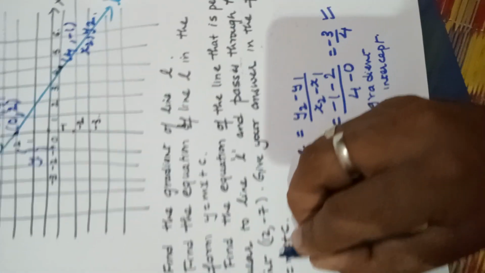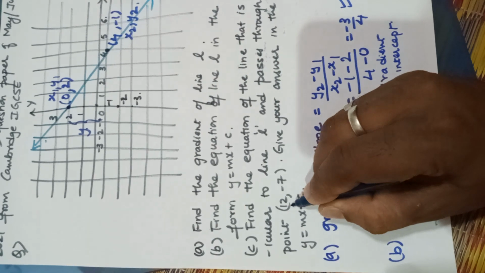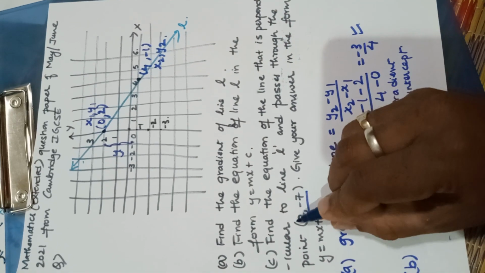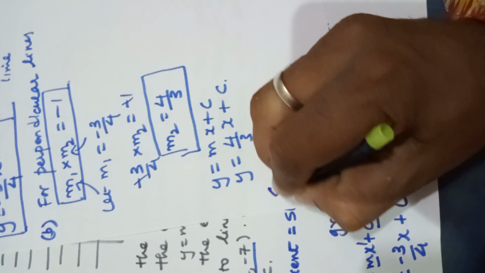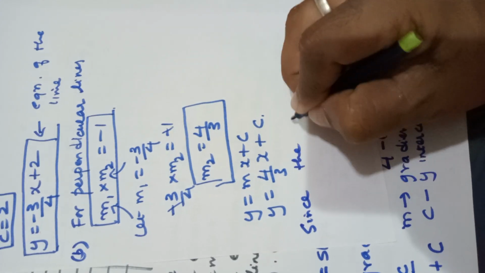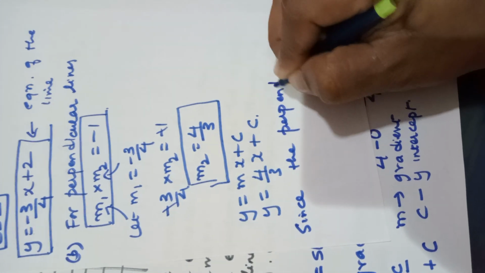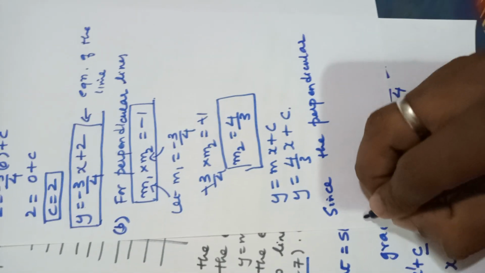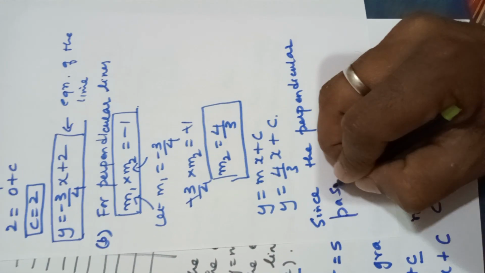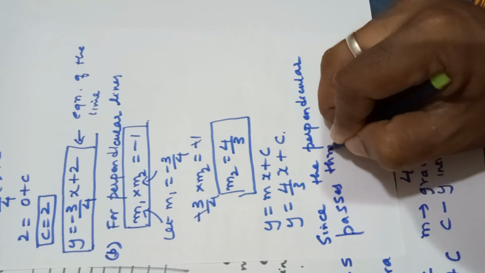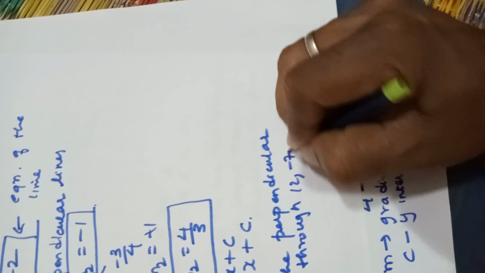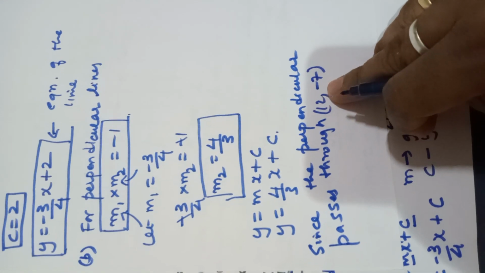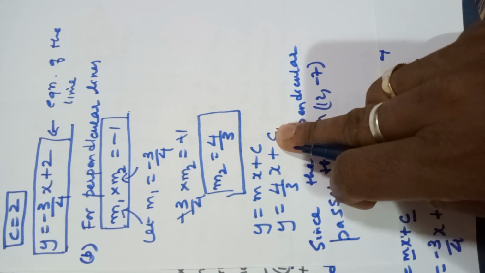That's why they have given the coordinates of a point which lies on the line perpendicular to line L. So since the perpendicular passes through the point 12, minus 7, we shall substitute these values of 12 and minus 7 in this equation to find c.